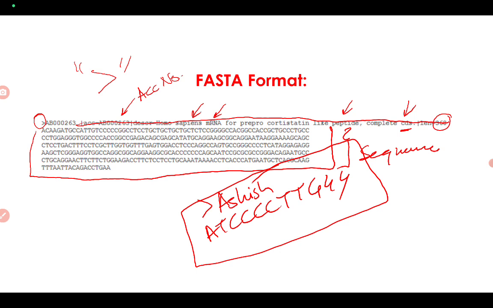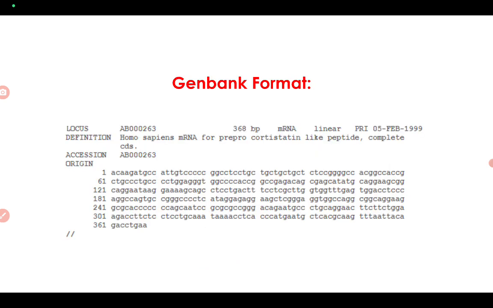The second is known as GenBank format, which is also known as the most informative format, in which lots of information is there. For example, the locus is there, the accession number is there, the size of the sequence, the type of the sequence, whether it is linear or circular, the type of submission, the detailed definition of that particular thing, the sequence information, the feature information.